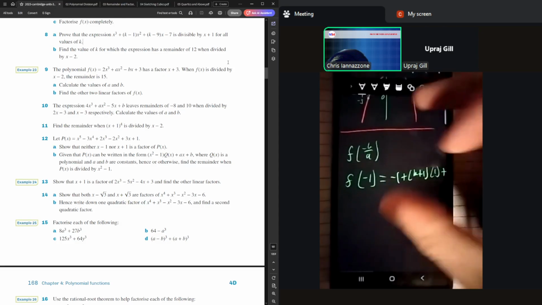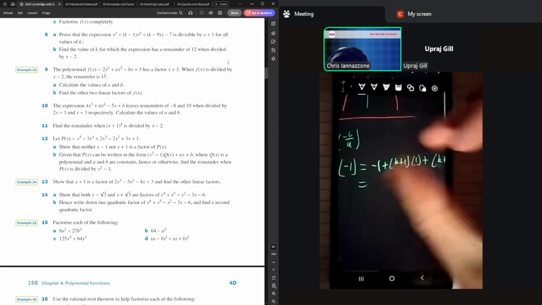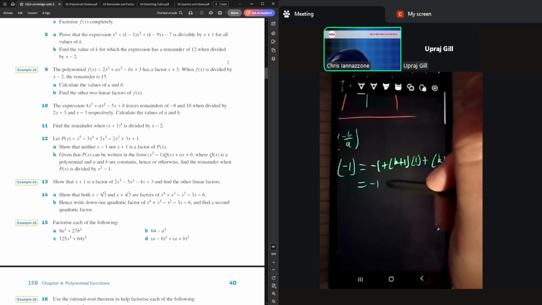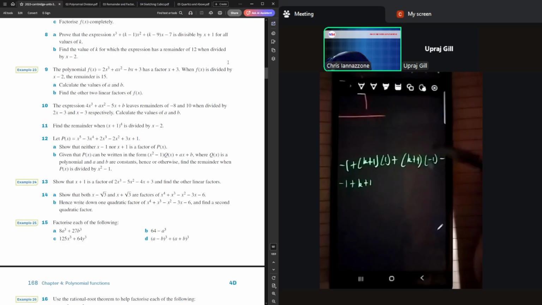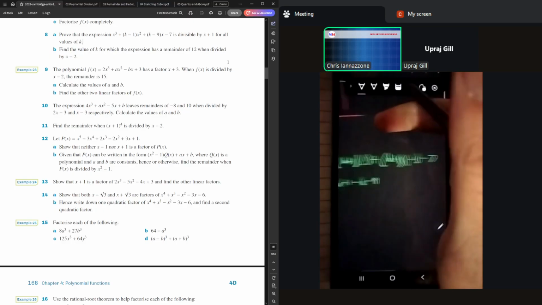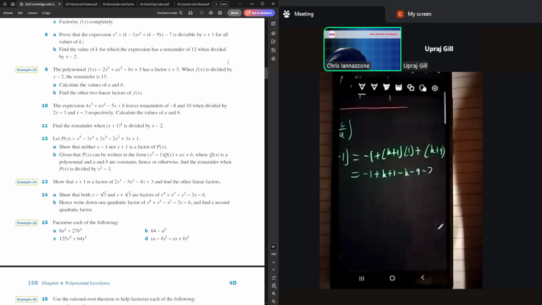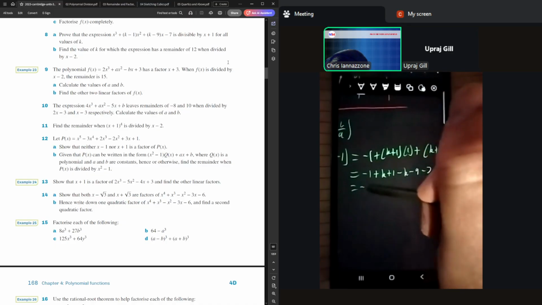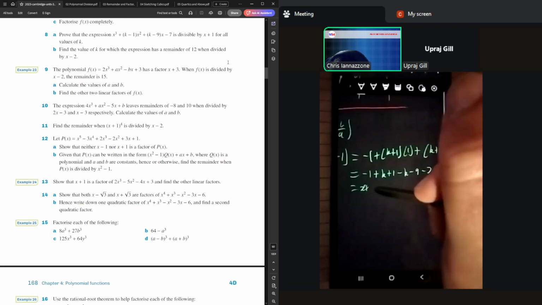So that's f of -1 equals all of that. Simplifying is fairly chill here: -1 plus k plus 1 minus k minus 9 minus 7. You can see the k's cancel out. -1 plus 1 also cancels out. And then you've got -9 minus 7.